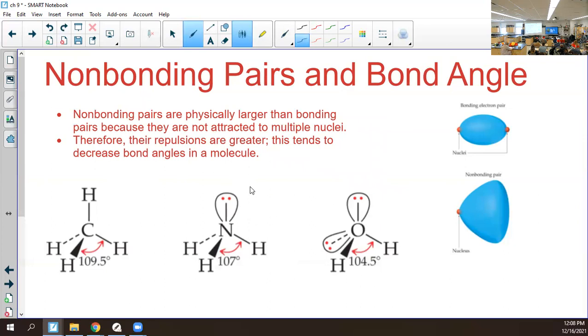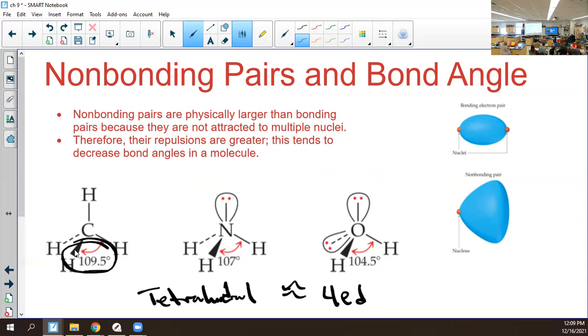So all of these here are tetrahedral, which means all of them have 4 electron domains. We would expect their angles to be all the same, but they are not. In methane, all of them are bonding, so they push equally, and it's 109.5. This is a number you should memorize. The other ones you don't have to memorize.